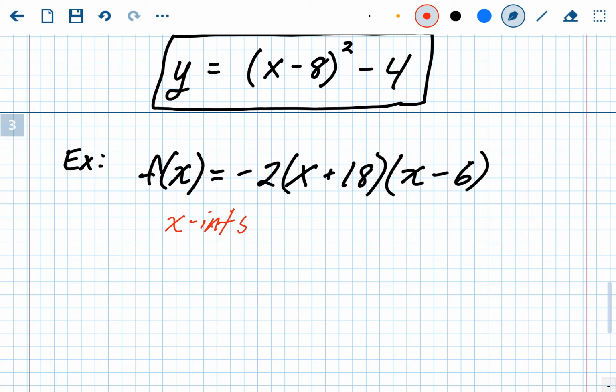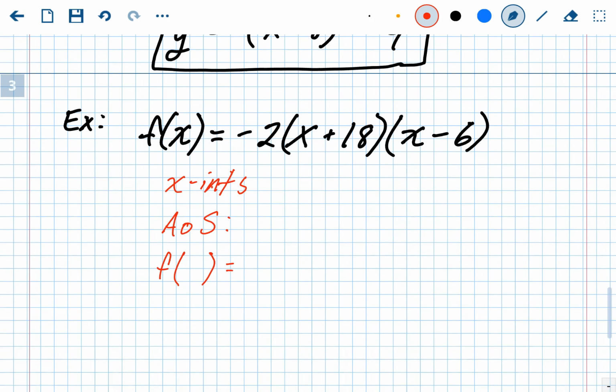Then find the axis of symmetry. Then find f of whatever that axis of symmetry is. And then identify a. So those are the 4 steps. Now again, remember the axis of symmetry is going to be your h value. f of whatever is going to be your k value. And then a is obviously a.